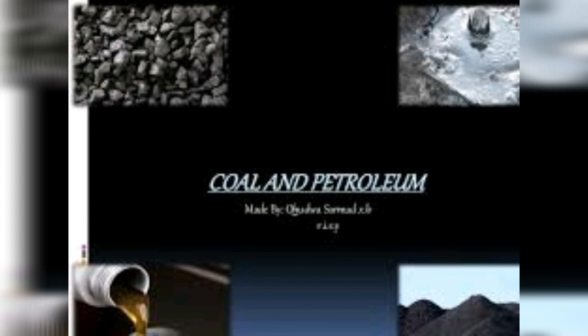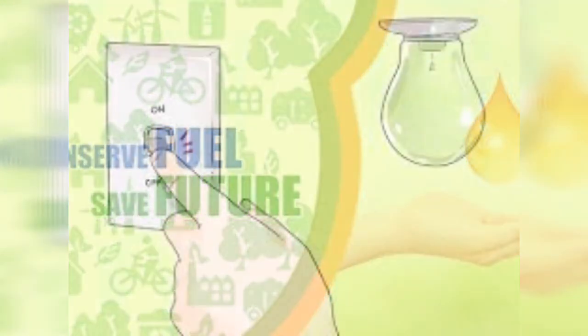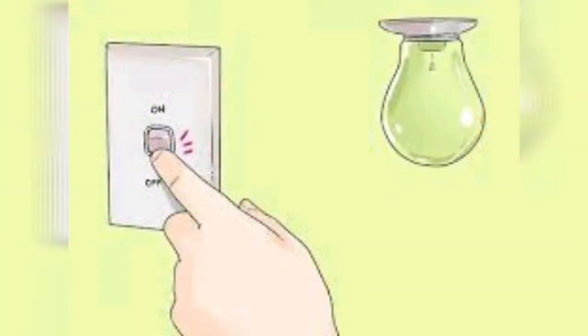But do you know, children, nowadays, due to the large number of growing vehicles and so many industries, the demand for these fuels has increased day by day. With this increasing demand, the reserves of petroleum can only last for a few years, and that of coal also.